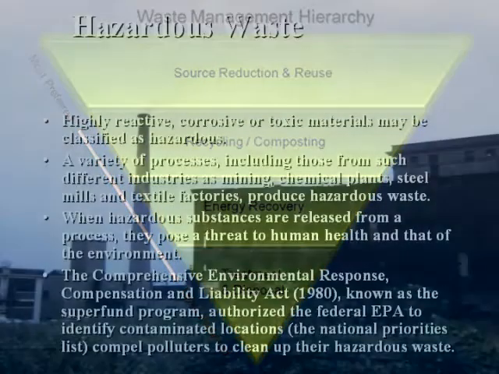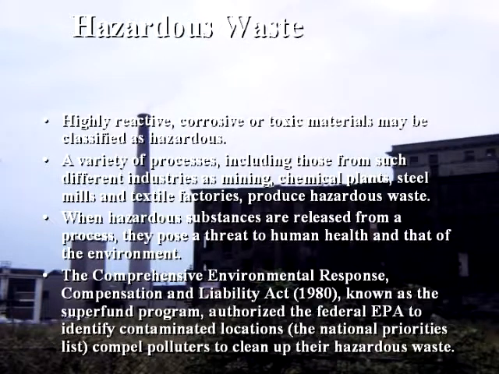Now, we've been talking about various classes of wastes that can be toxic, so let's focus a little bit more on them under the heading of hazardous waste. These tend to be highly reactive kinds of things, corrosive things, or other kinds of things that are poisonous to living organisms.